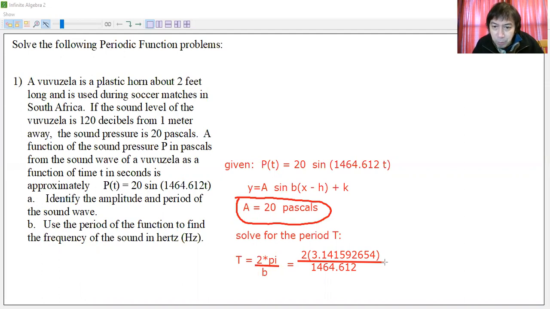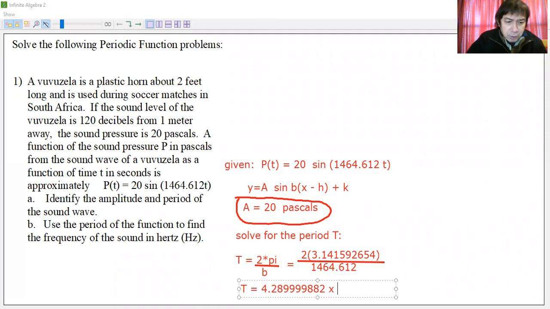Now this will be all numbers, and we shall compute. T is equal to 2 times pi divided by 1464.612, and we have 4.2899999882 times 10 to the negative 3.